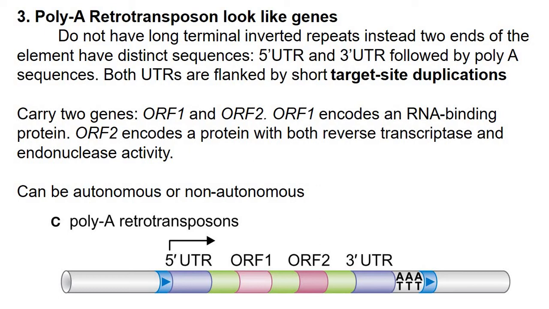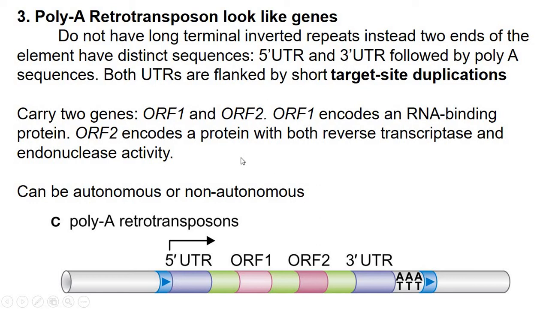These are followed by a poly-A sequence. Both of these UTRs are flanked by short target site duplications, which are common in all three classes of transposable elements because this is part of the host DNA, where they insert themselves. It leads to the addition of a few base pairs, and that's what this duplication is.